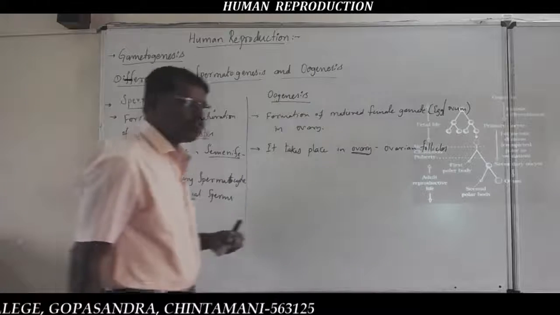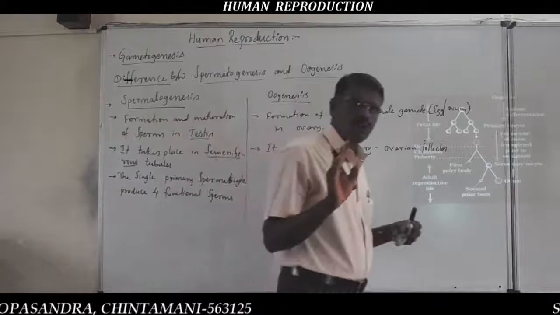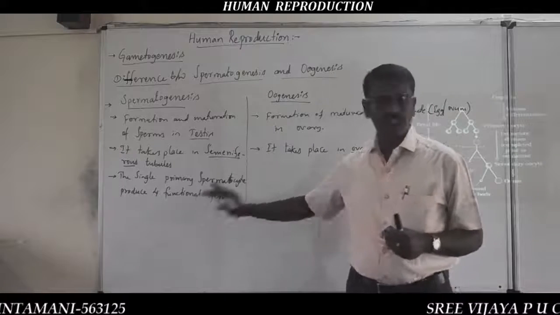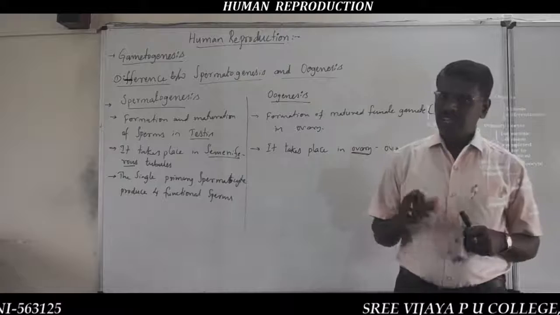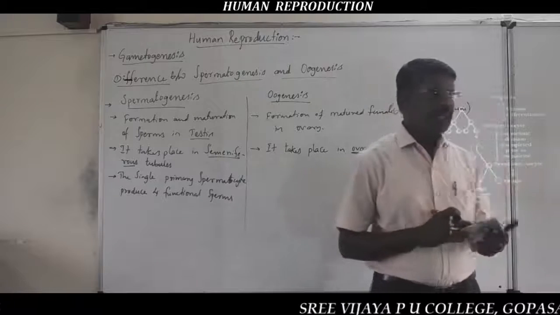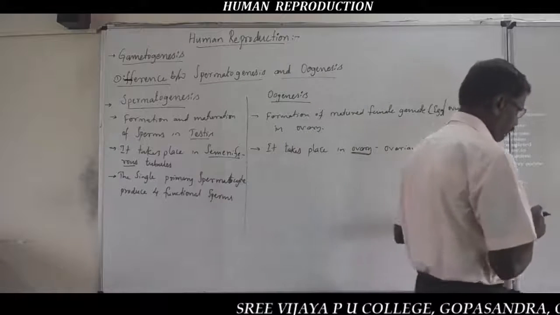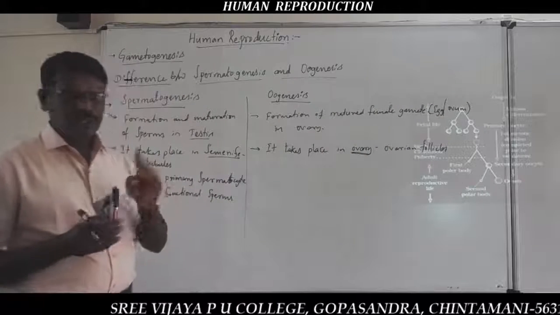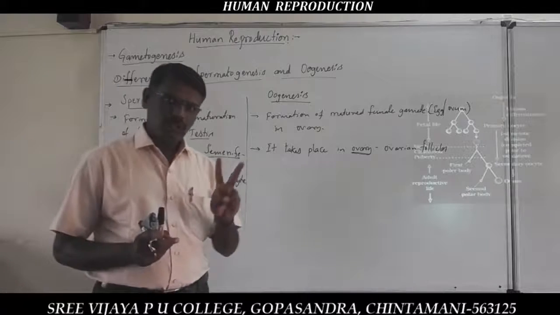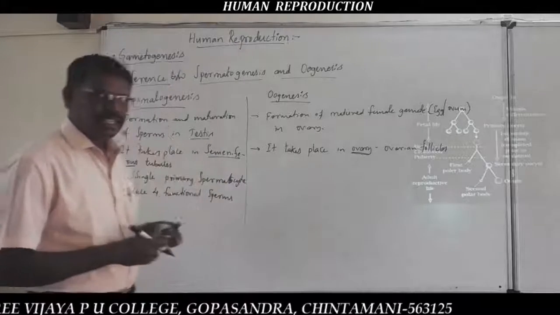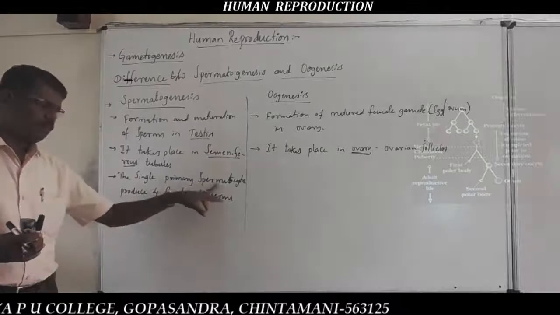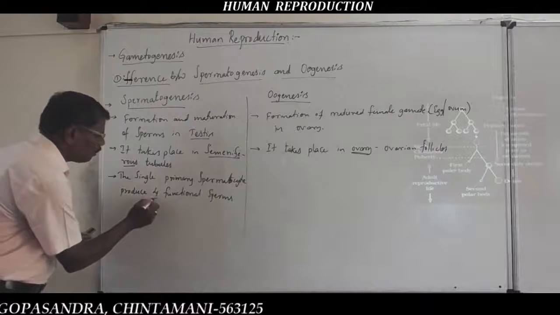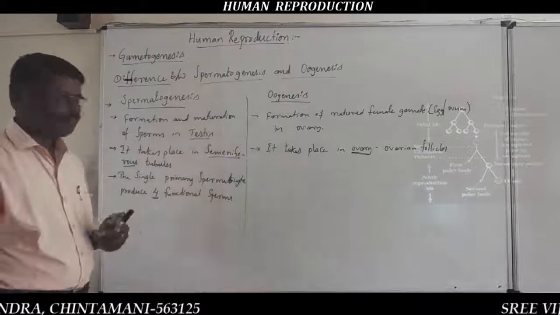As we know, the product of meiosis is 4, while the product of mitosis is only 2. So after the end of meiosis in a primary spermatocyte, 4 functional sperms are produced.